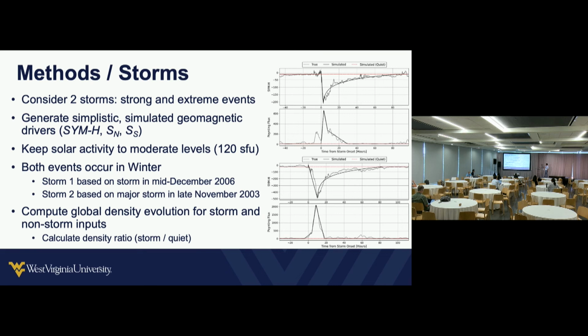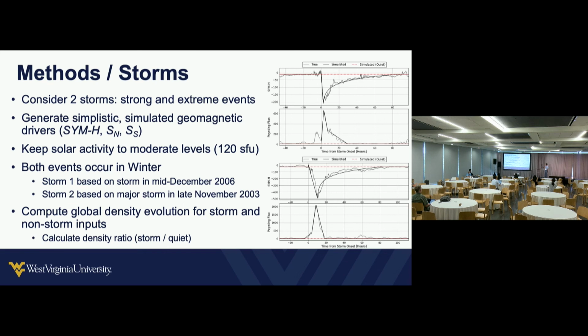So the light black line is the actual variation of SYM-H. The black line is essentially what we end up using, a simplified SYM-H. And then the red line is essentially what we assume as the background or the quiet conditions. So essentially what we are doing is quantifying the enhancement of density over the background, which is the quiet conditions.